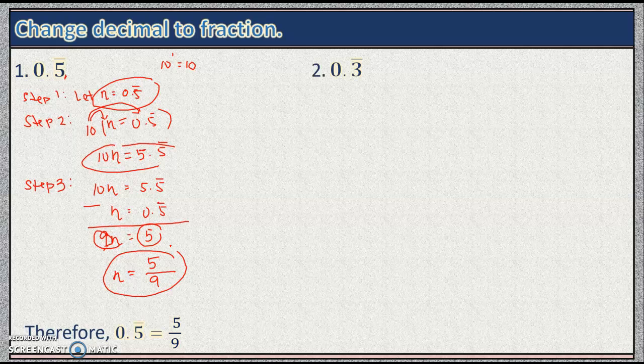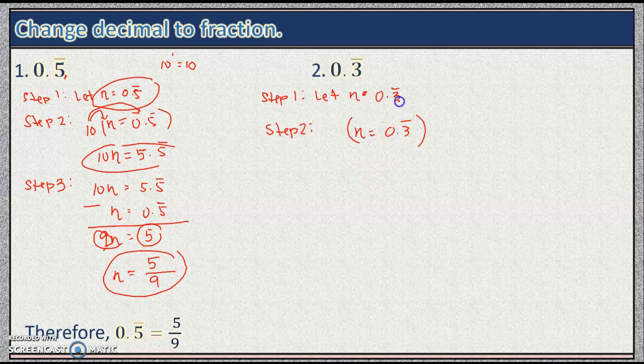Number 2, 0.3 with bar above, or 0.333333 and so on. Step 1: let n be the given 0.3 with bar above. Step 2: multiply n by a power of 10.